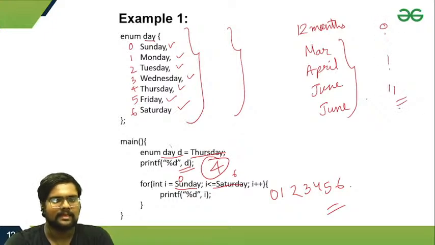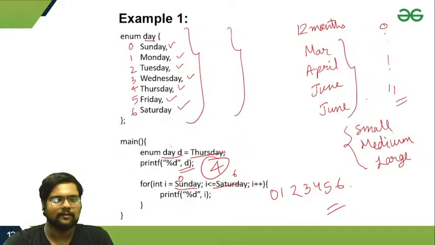Then we have constants like small, medium, large. We have something like this, and we have to define it in the form of constants. Then we can define an enum for it.